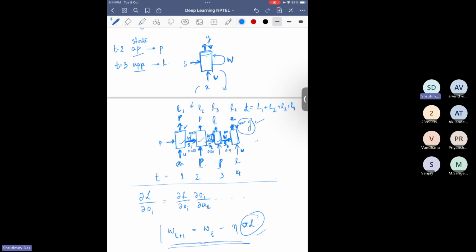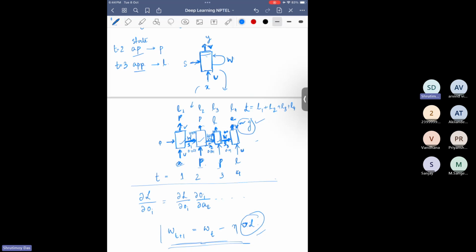That is a very big number, so it will be a very big gradient in your calculation, and you don't want that because it does not make sense. One point will have a very large gradient, another point will not have any gradient at all.